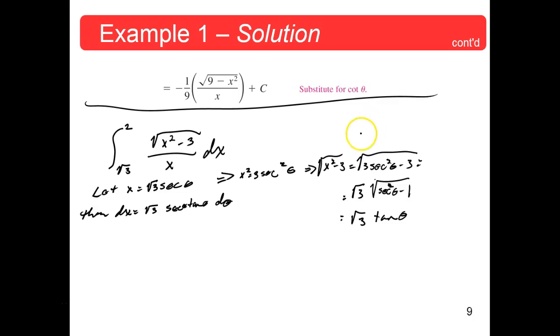Get a little triangle. Okay? And this said that x is equal to root 3 secant theta. That means secant theta is equal to x over root 3. That's all we need to fill in our gaps here. Once we identify what our theta is, what is secant theta?